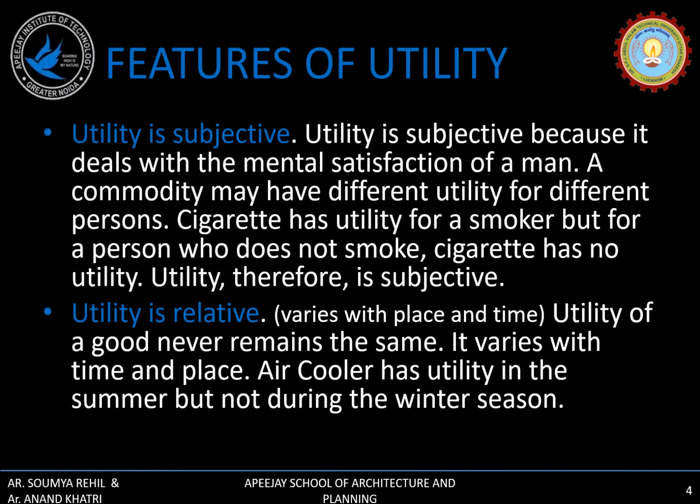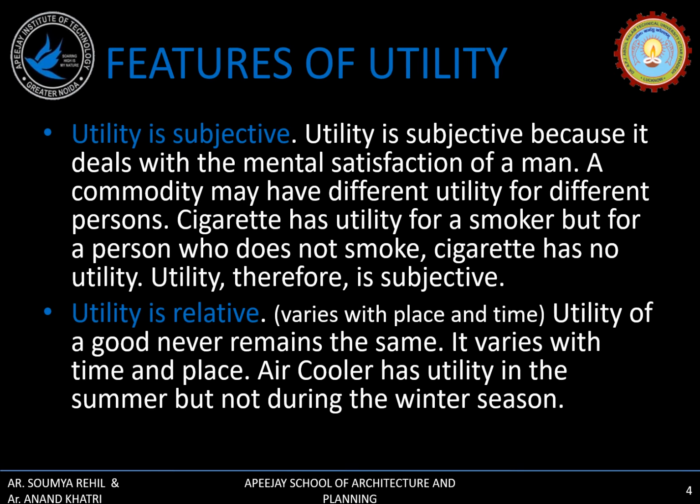To understand utility better, let's understand its features first. We can say that utility is subjective, as we spoke in the example of the shirt. The utility of an item for one person could be different from the utility for another. Hence, we say utility is subjective because it deals with the mental satisfaction of a man.